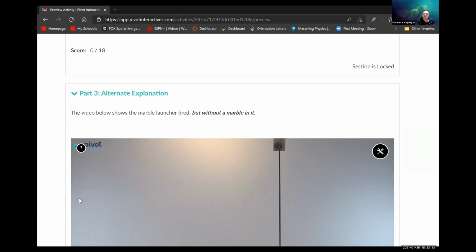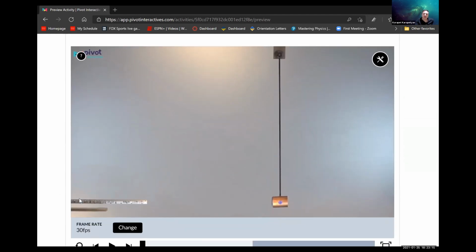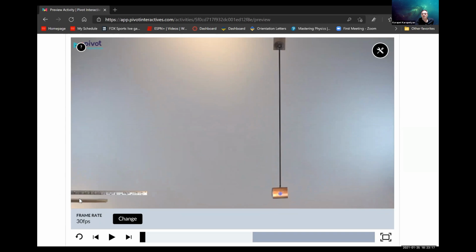This one shows a very interesting experiment. You still have the same gun, same pendulum, but when you shoot the gun, there is no marble there. That means you're just basically shooting blank, just pushing some air. But interestingly enough, here's what happens.